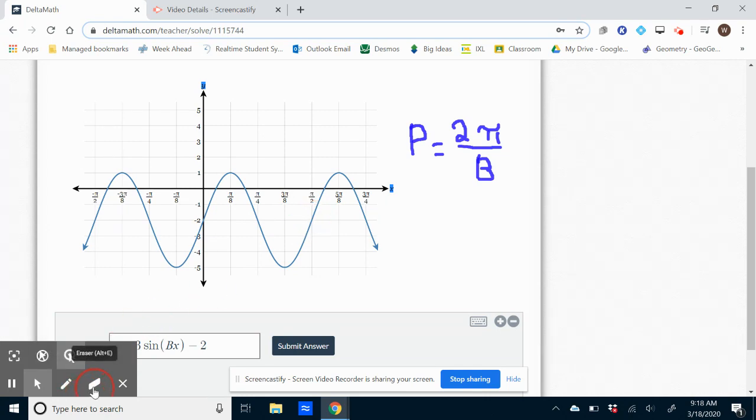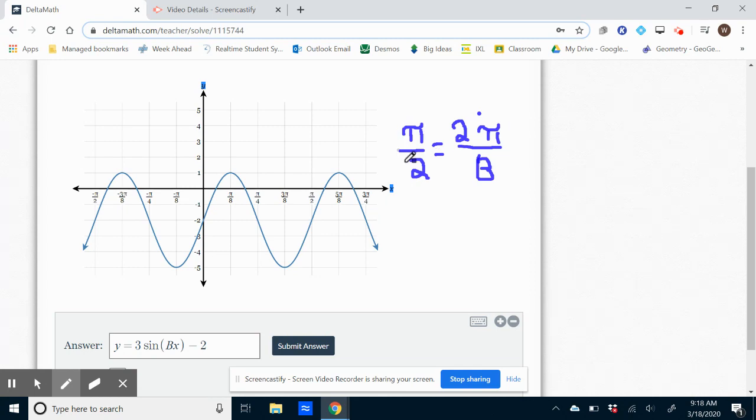Okay, so now you're setting up the equation: pi over 2 equals 2 pi over b. Algebraically, to solve for b here, you would take 2 pi divided by pi over 2.